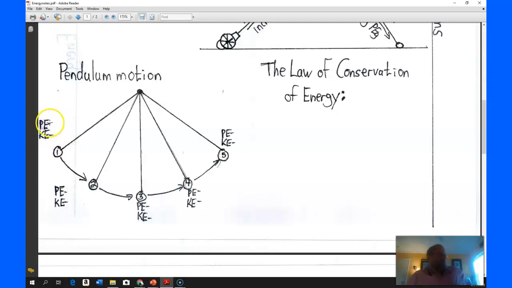At the top of your swing, as far back as you're going, before you start going back forward again, you're as high up above the ground as you're going to get, so your PE is maxed out. Your kinetic energy is 0 right there. So write max right there and write 0 right there.